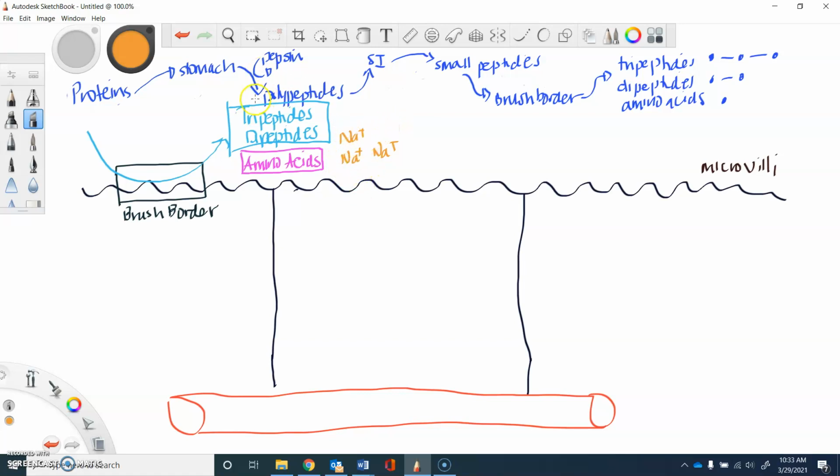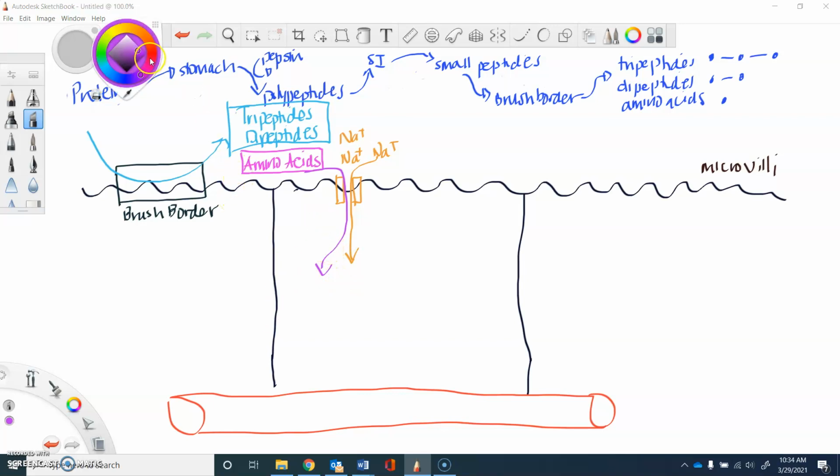And in the plasma membrane, we have a transporter that allows for sodium to come in with its gradient, and it will pull the amino acid with it.